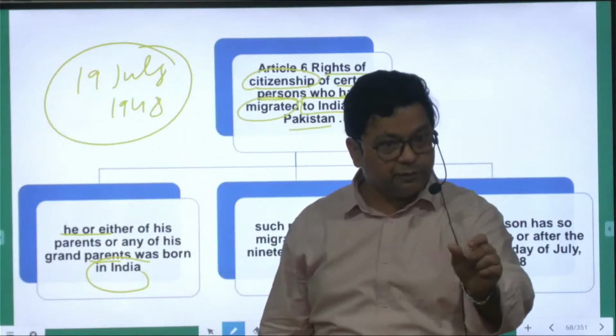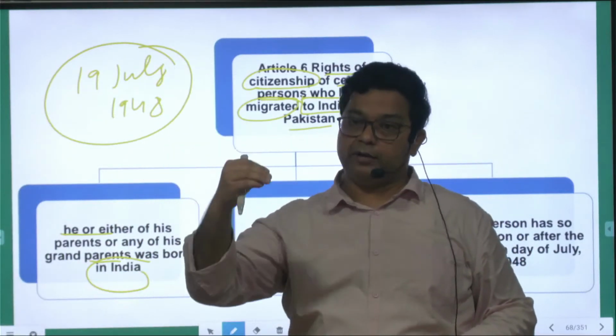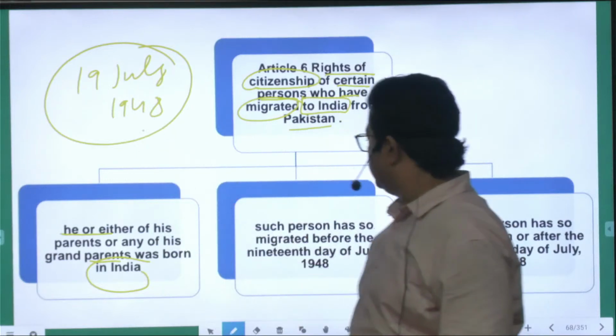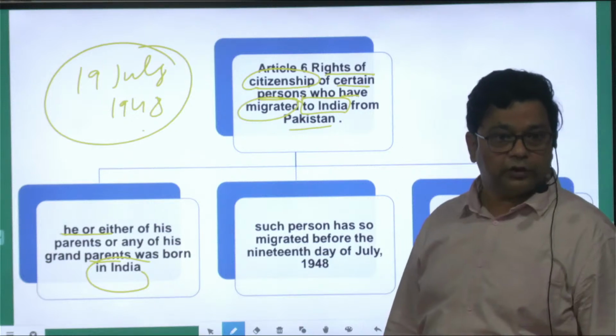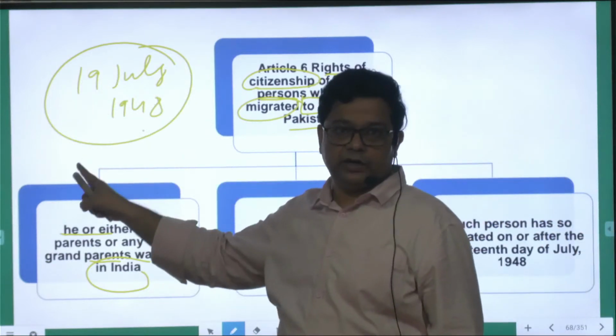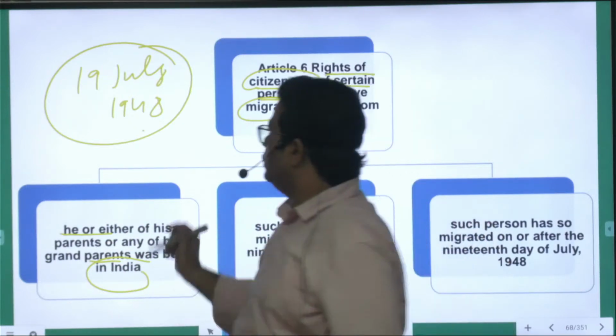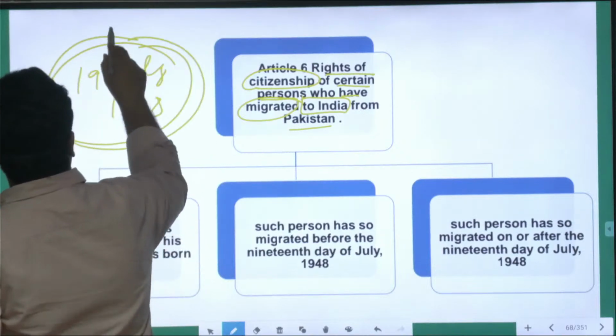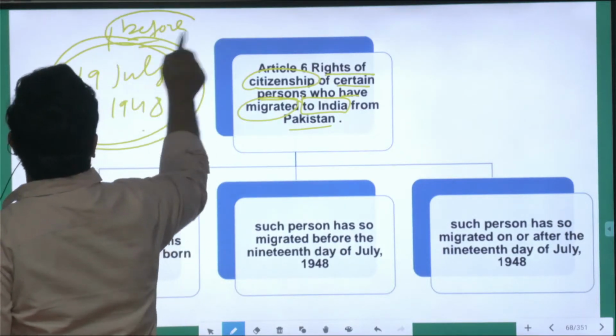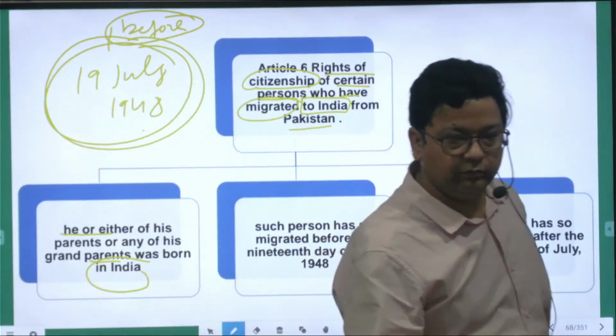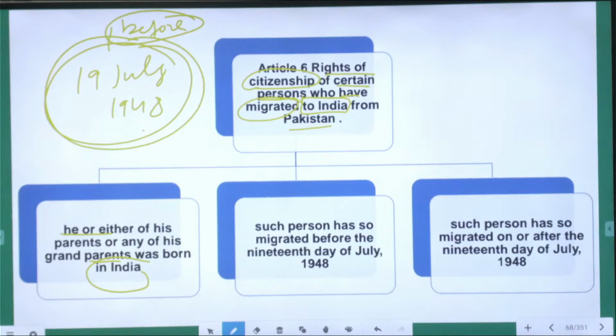So if such a person migrated from Pakistan to India before this date, before 19 July 1948, the person will be considered a citizen automatically. So if the person migrated to India before 19 July 1948, why has this date been kept as a cutoff? Why 1948? 19 July 1948 has been kept as a cutoff date.